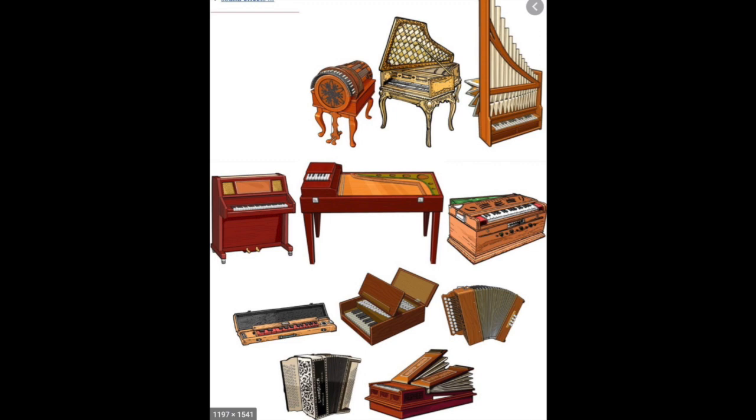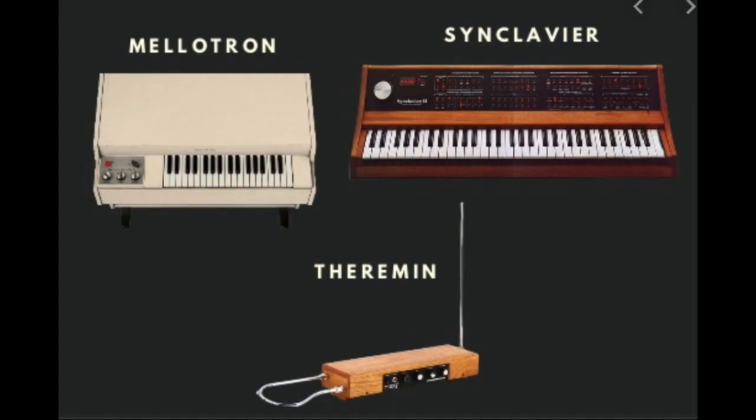Some of them actually require pumping by your feet, and some require electricity. We also have a lot of electronic instruments. This family could include a synthesizer, or an electric organ, or the theremin, or even an electric guitar could be considered an electronic instrument.